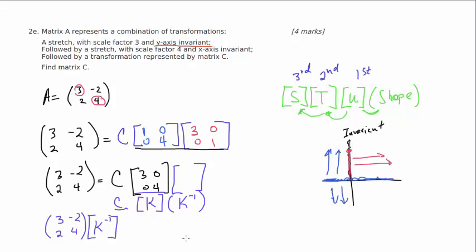So again, I would go to my calculator to find out what is the inverse of 3, 0, 0, 4 and multiply it. I basically just type in my calculator 3, 0, 0, 4 as a matrix, multiply it with the inverse, and I can tell you that ultimately we find out that C is equal to this matrix, which is negative half, 2/3, and 1.